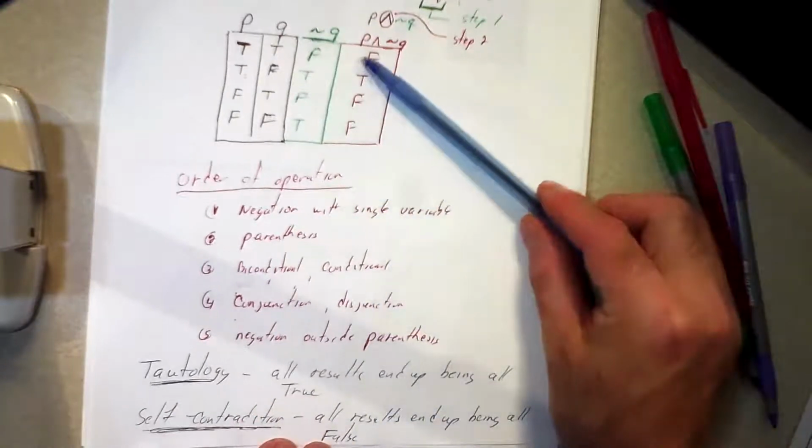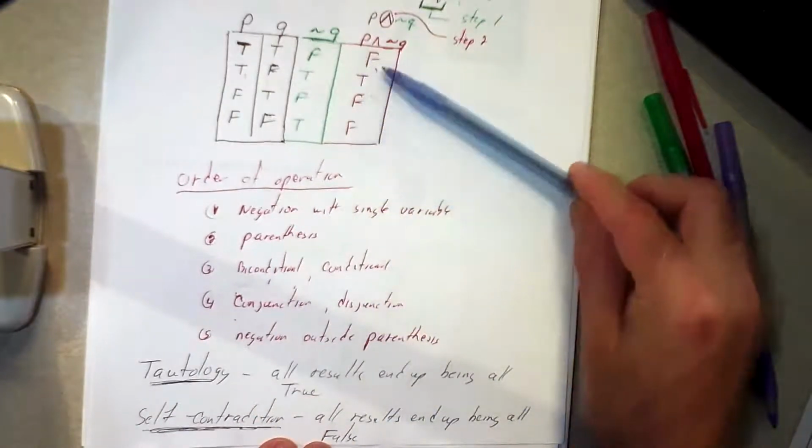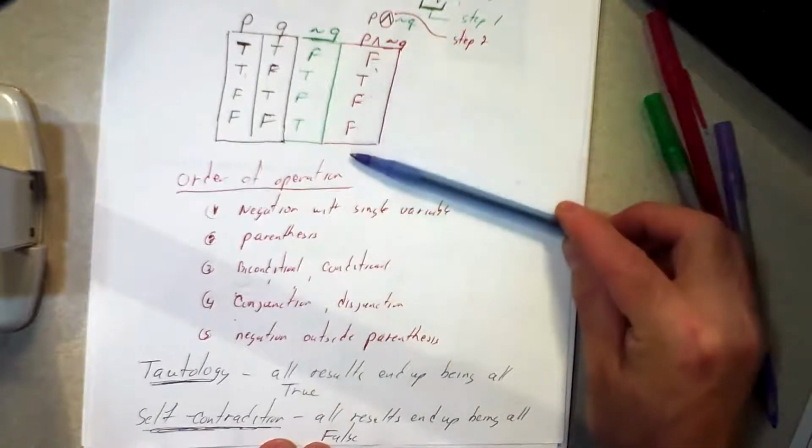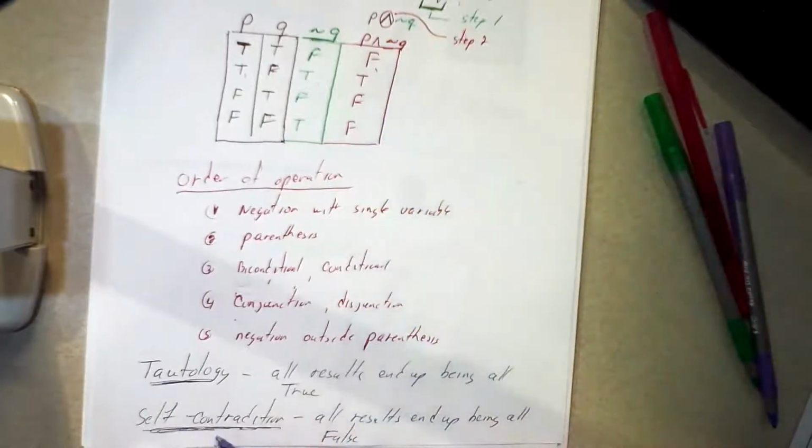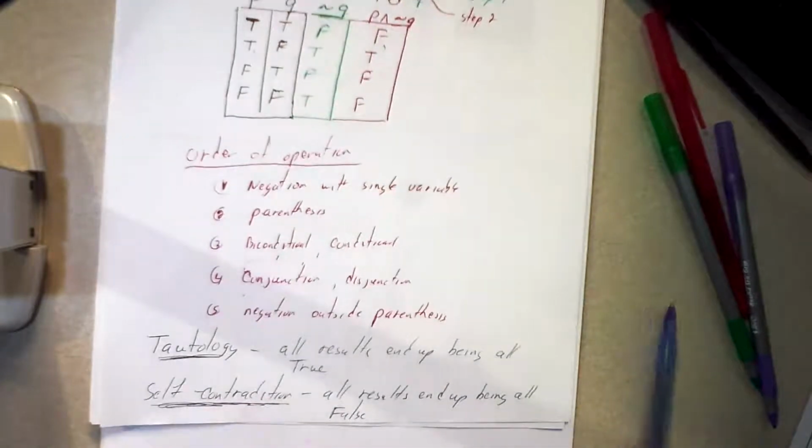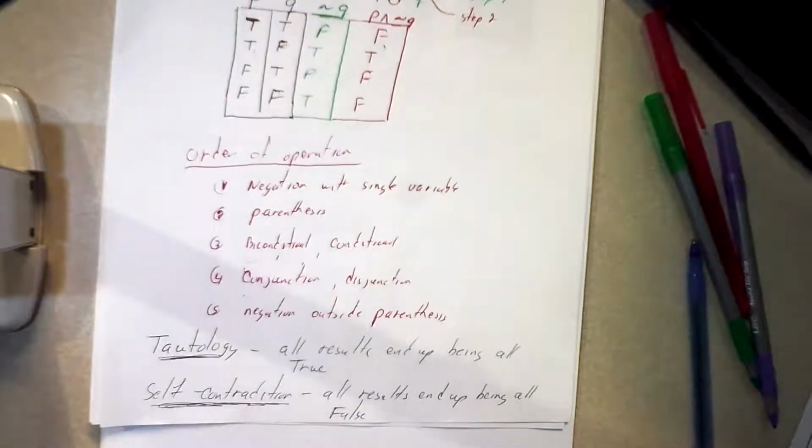However, if you get all falses in the last column, that is called a self-contradiction. Okay. So we'll go through them and see what happens when we do truth tables. We may end up getting a tautology, we may get a self-contradiction. If neither occurs, then you're right, it's neither. It's just a regular truth table.